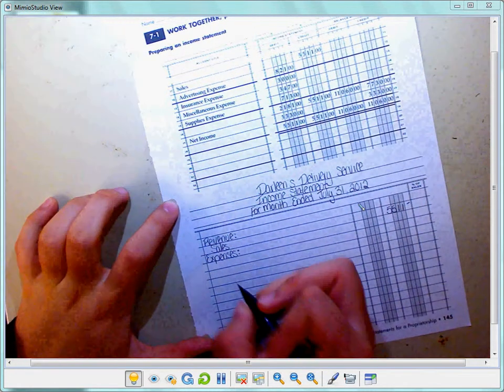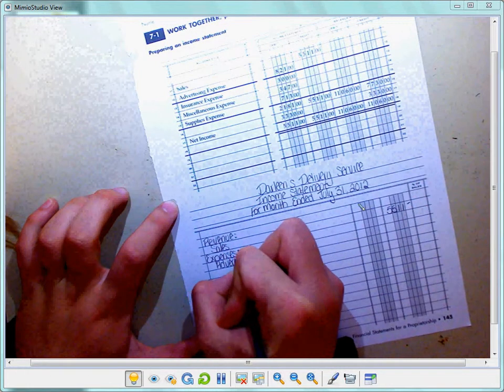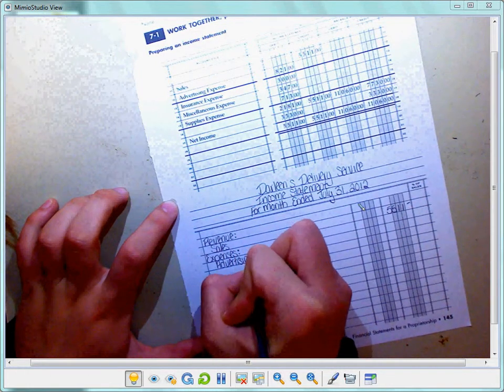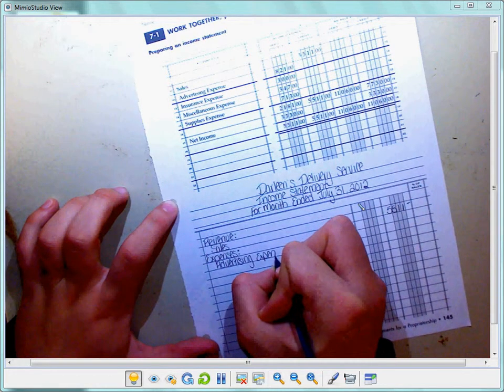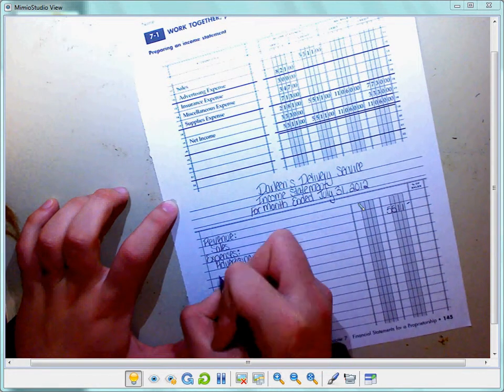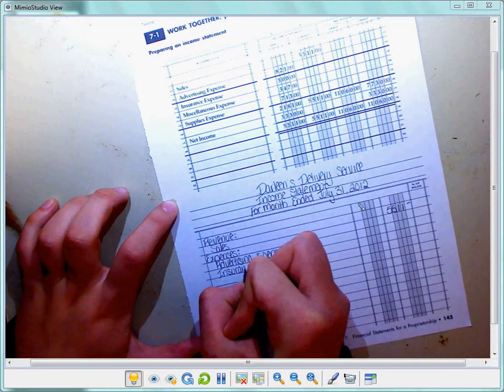So all of the expenses need to be indented. So advertising expense. And these numbers will go in that first column. So advertising was $821.